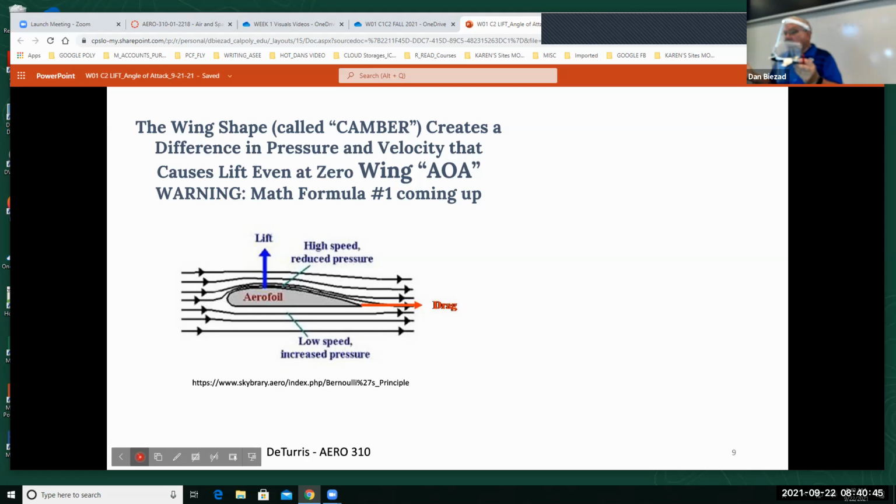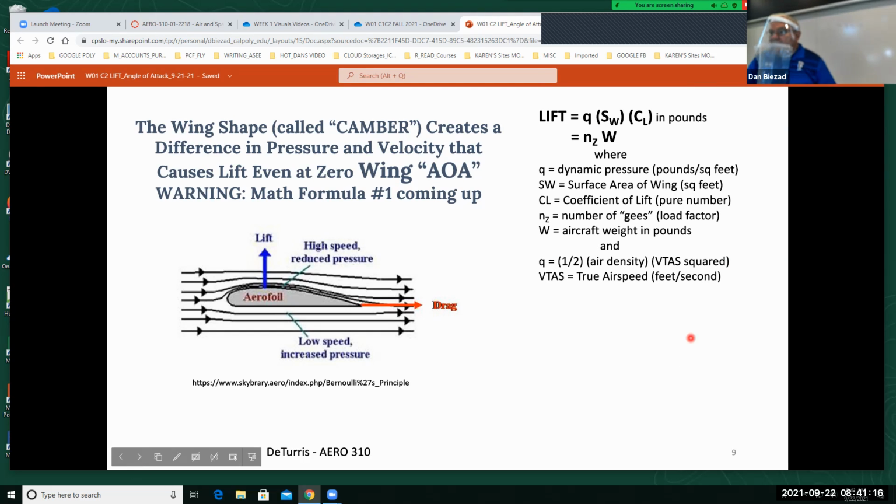There's no way you can generate enough lift for a practical airplane to fly at zero angle of attack. You'd have to be flying at 600 miles an hour to take off. So that was my objection to that. It's just the beginning, and there's lots of mathematics that goes into Bernoulli's principle that we're not going to go into. For our purposes, angle of attack generates lift, and a cambered airfoil increases the lift at a given angle of attack.